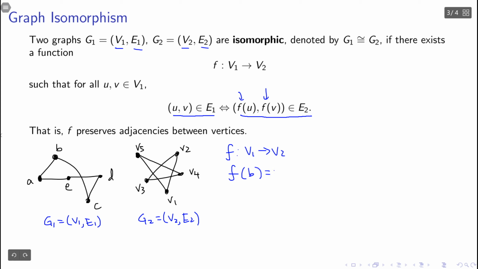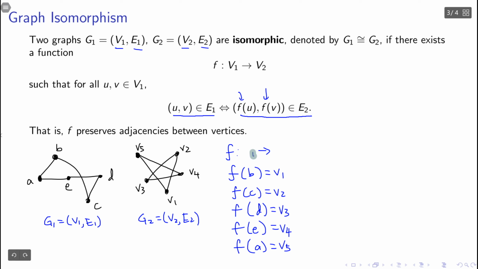F of b is v1, right? F of c is v2, and so on. And I'm just going to make it more clear here that these V1 and V2 terms up here are capital V, while these v's here are vertex names, so they're small letter v's.